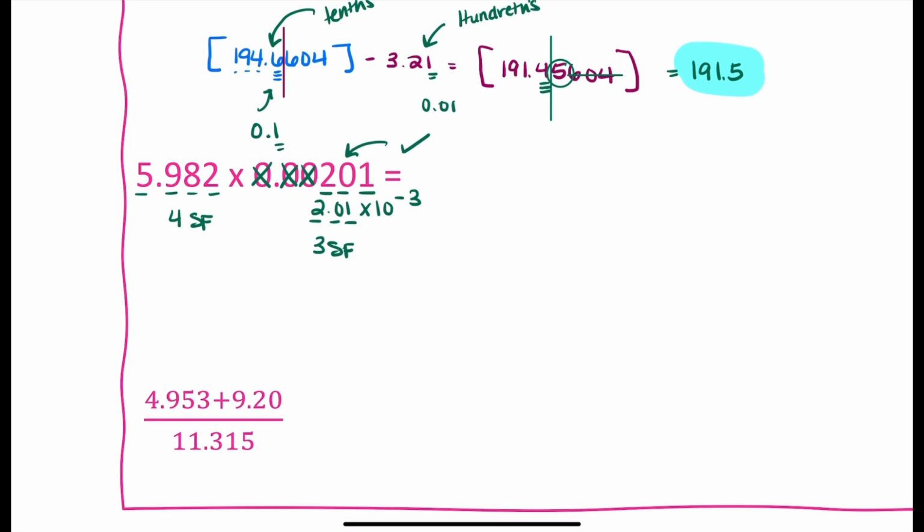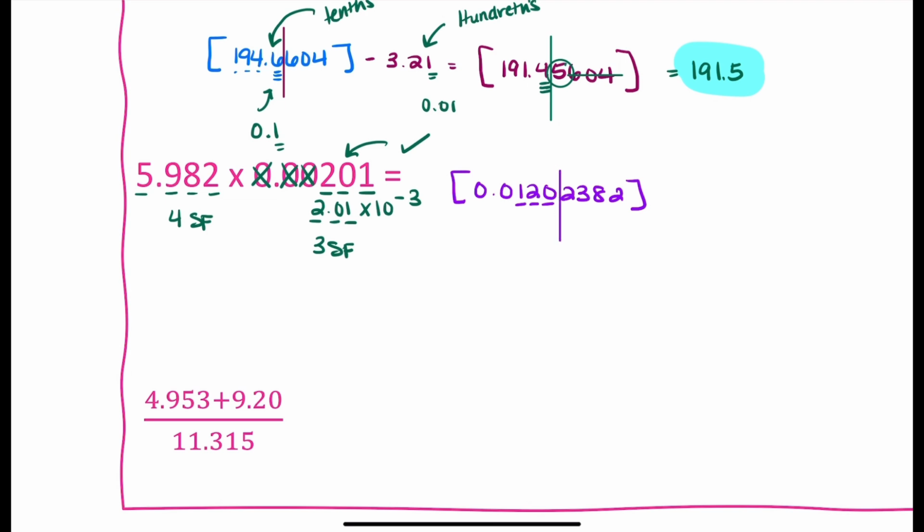Calculate this out, and the calculator gives me a numerical answer of 0.01202382. Again, calculators don't care about sig figs. I know that my answer can only have 3 sig figs. I know leading zeros are not significant, so the 1 is my first sig fig. 1, 2, and 3.